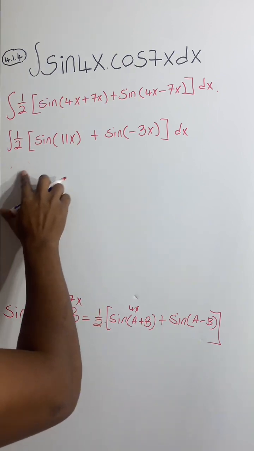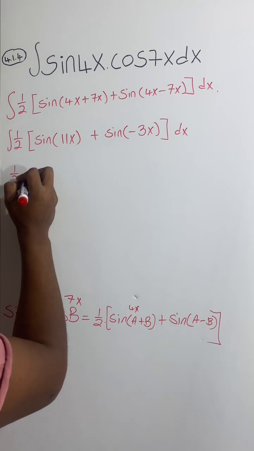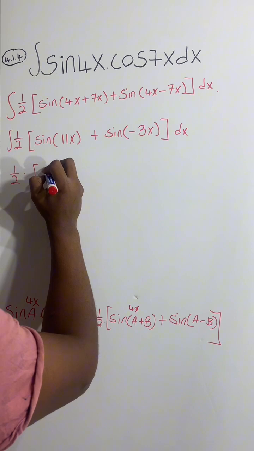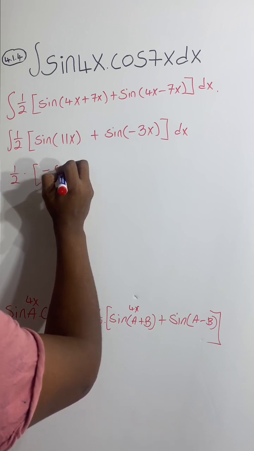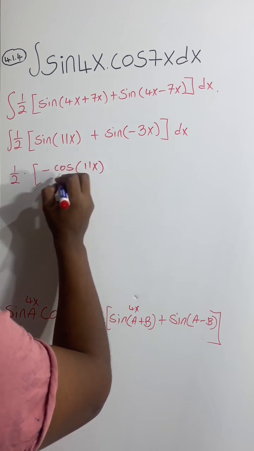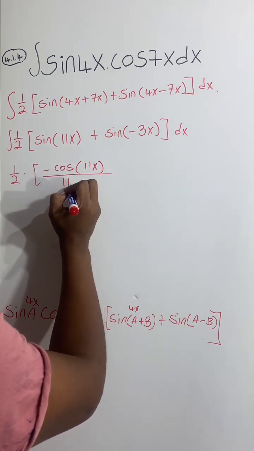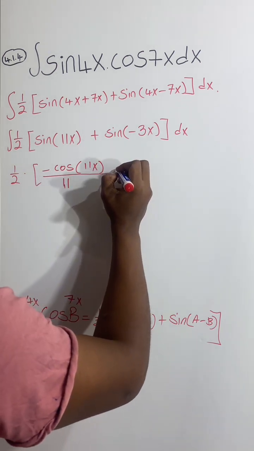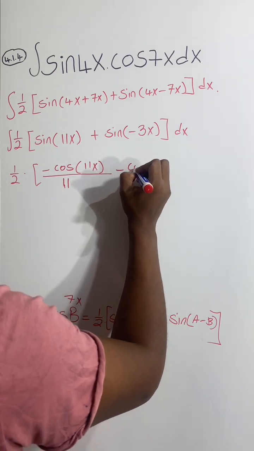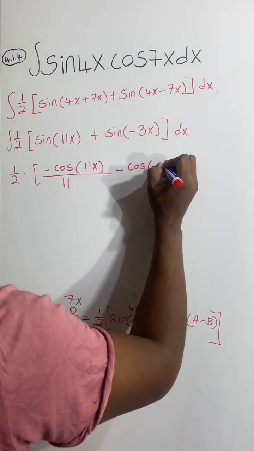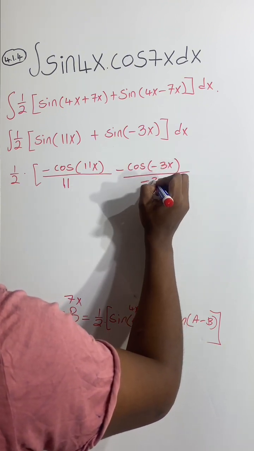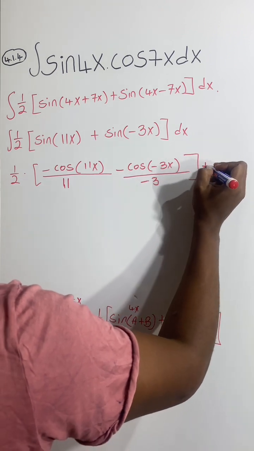So we integrate: the integral of sine 11x is equal to minus cos 11x, and because of the chain rule we have to divide by 11, and the integral of sine of minus 3x is equal to negative cos of minus 3x divided by negative 3 plus c.